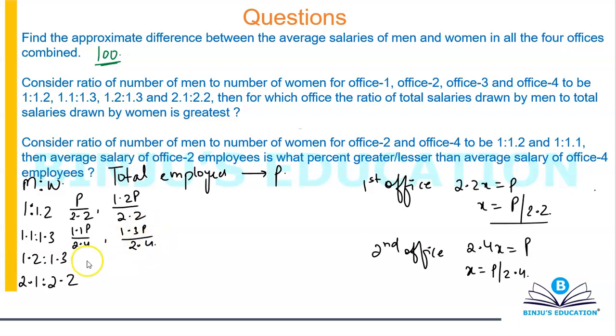Similarly, for the third one, the number of men will be 1.2 P divided by 2.5 and women will be 1.3 P divided by 2.5. And for the last office, it's going to be 2.1 P divided by 4.3 and 2.2 P divided by 4.3. Okay, so this is what we are going to get.